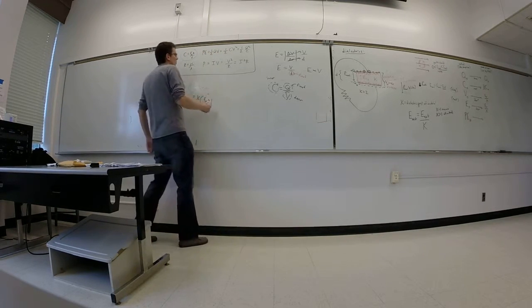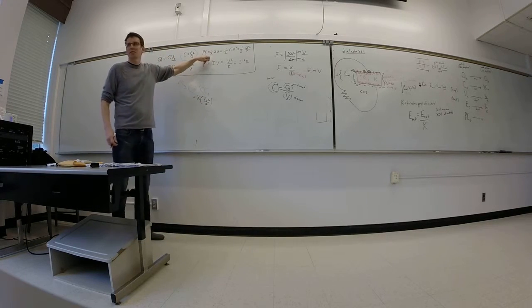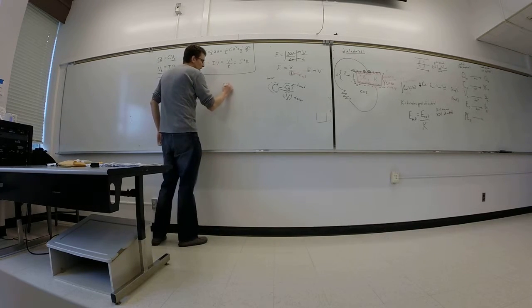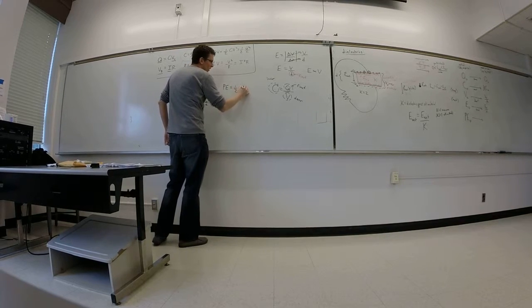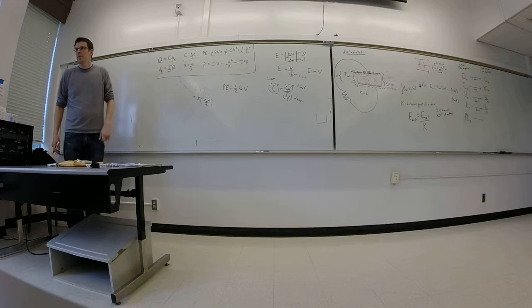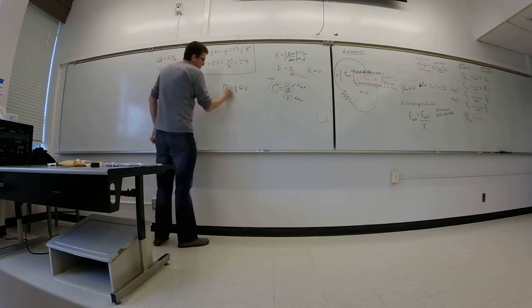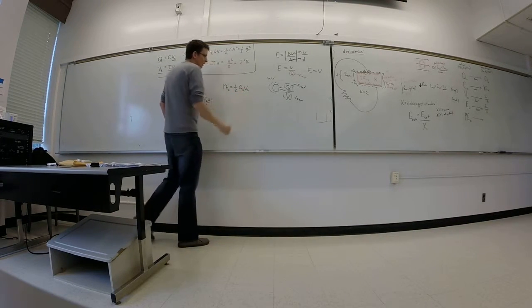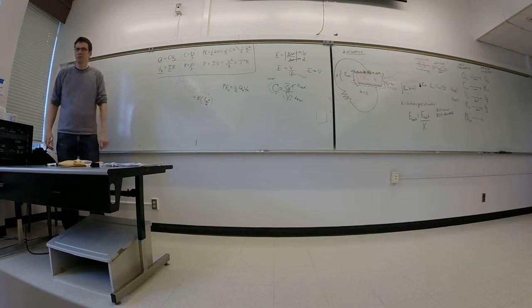Let's grab one of these energy formulas, okay? So PE equals 1/2 QV, let's say. Now, our initial amount of energy was, of course, based on the initial charge and voltage.